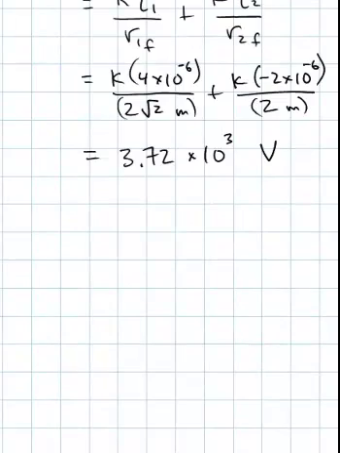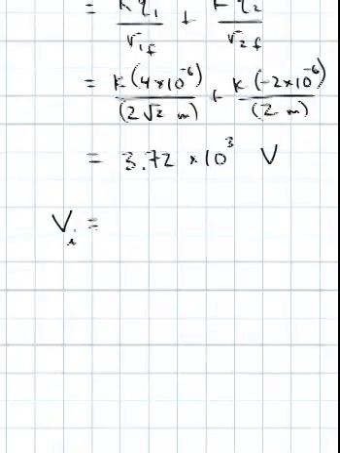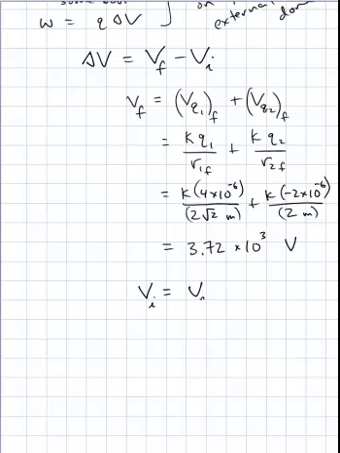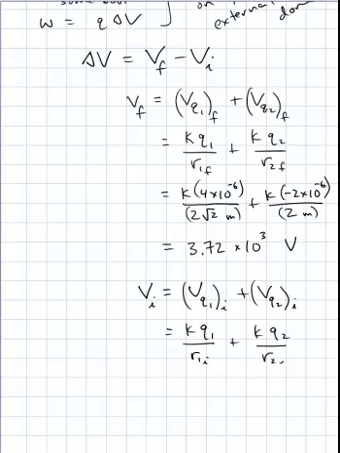Now we want to go back and do the initial position. And the initial position is also going to have a contribution from each of those 2 point charges. So it's going to be the potential from Q1 at the initial position plus the potential from Q2 at the initial position. kQ1 over R1 initial, kQ2 over R2 initial.